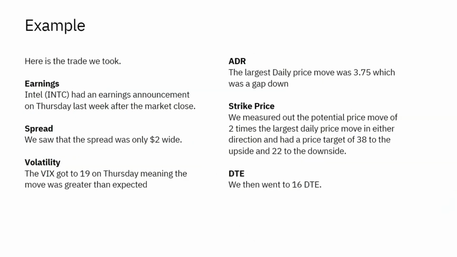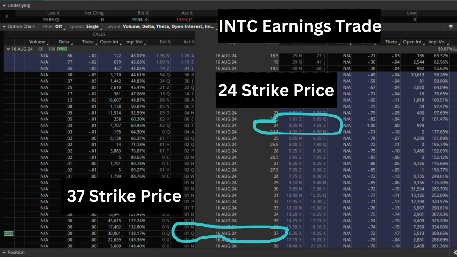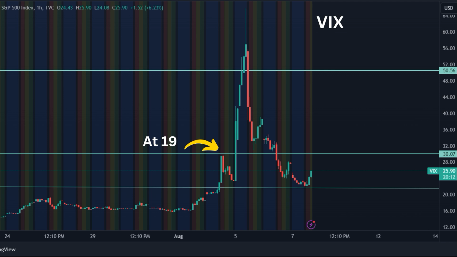Our example. Here's the trade we took. There was an earnings announcement on Thursday last week after the market close for Intel. We checked the spread and saw that the spread was only $2 wide. The volatility index was up to 19 on Thursday, meaning that the move was greater than expected.